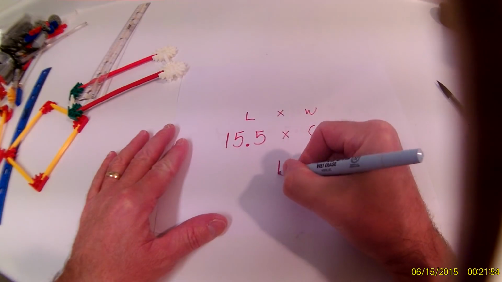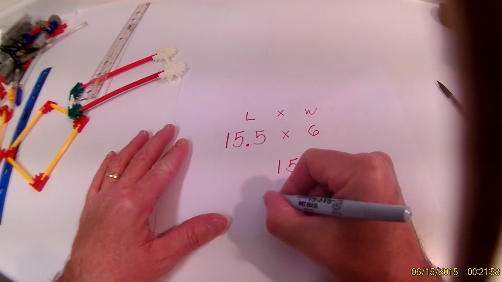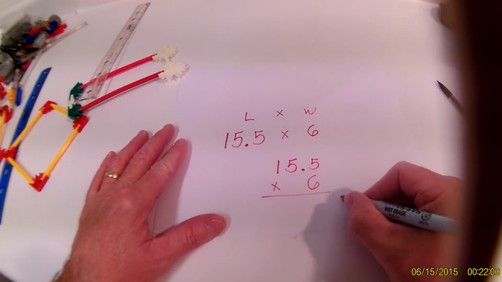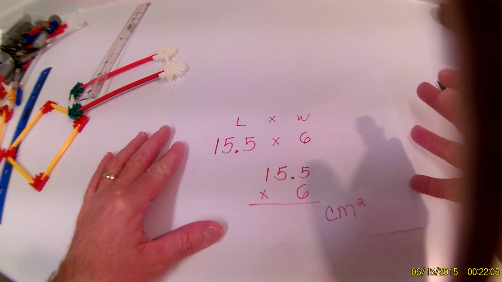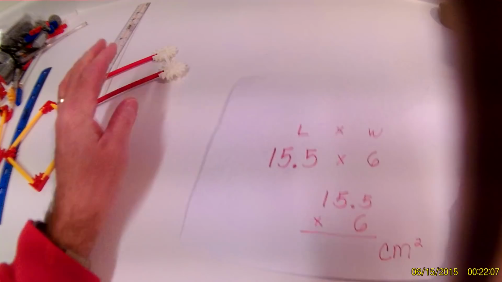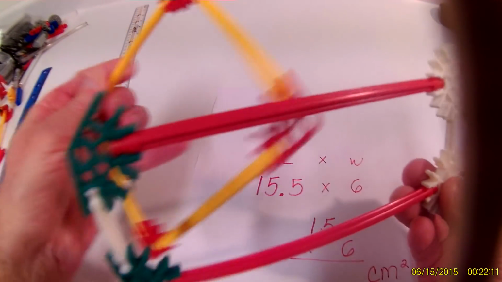So now I could just do my multiplication and come up with the number of square centimeters. Okay? And that's how you find the area of a KNEX shape.